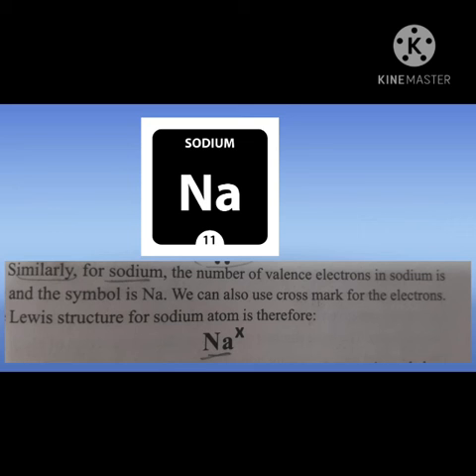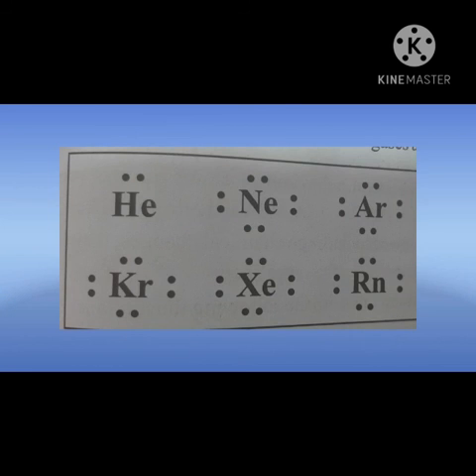So we write Na and the last electron as a cross mark or dot. We get the Lewis dot structure of the atom. Similarly, we get the Lewis dot structure for other elements also.